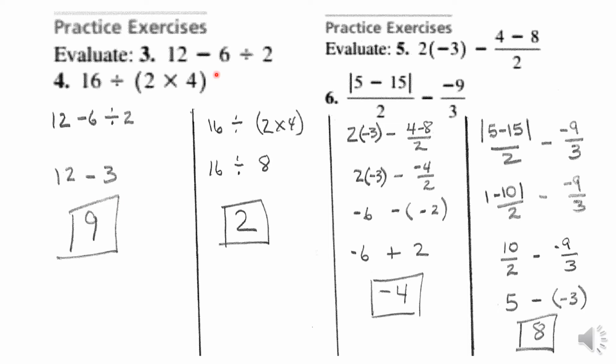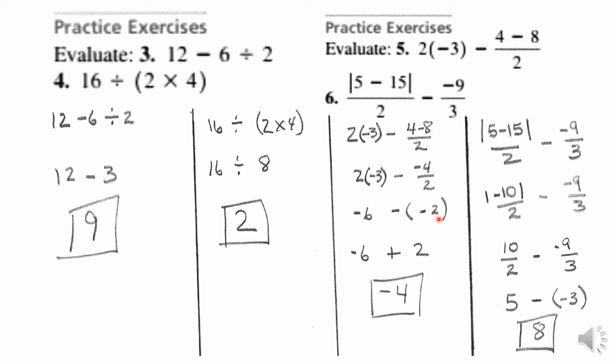On number 3, the first thing that you want to do is the division. You'll get 3. 12 minus 3 is going to be 9. In number 4, the first thing you're going to do is the parentheses, and so you're going to get 8. Then 16 divided by 8 is going to be 2. For number 5, you're going to do the division first, and that will give you a minus 2.